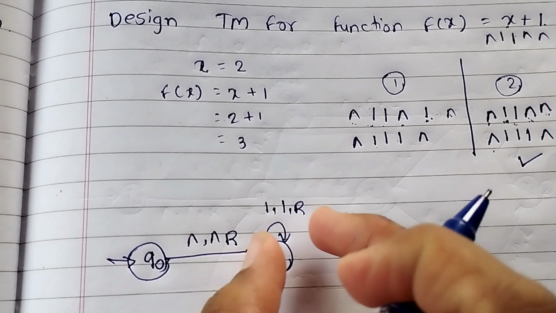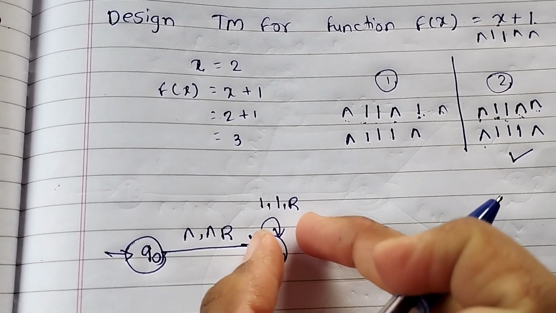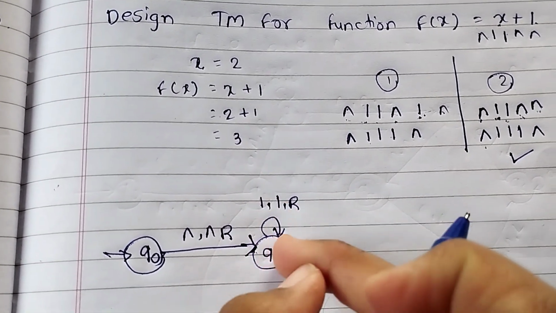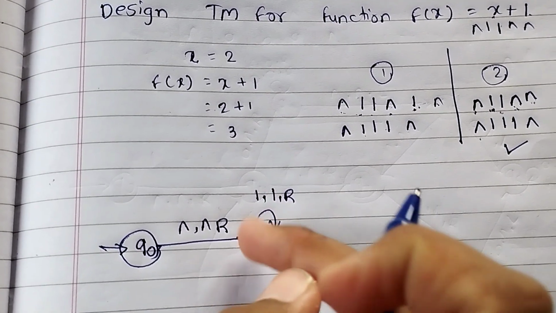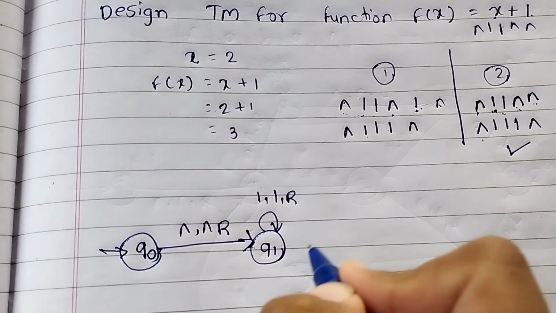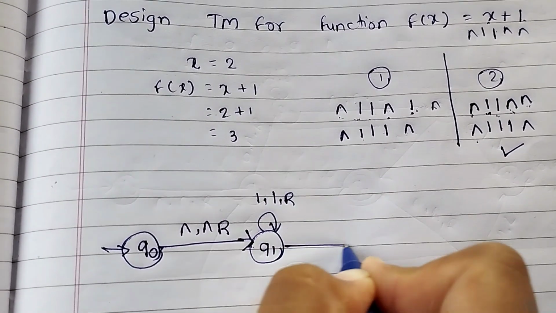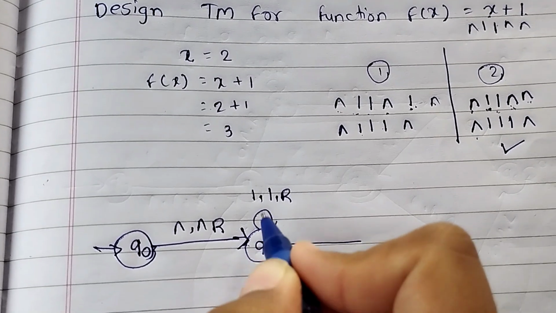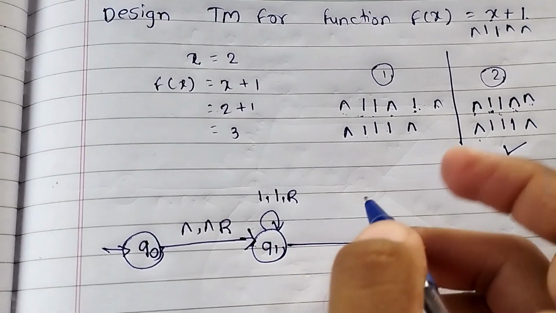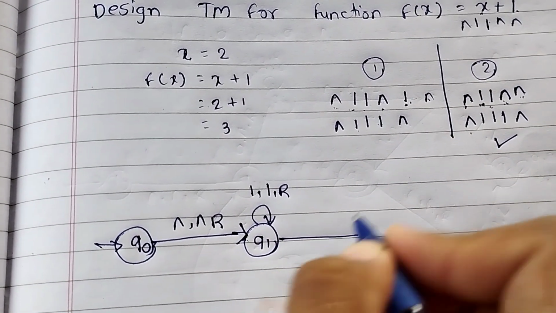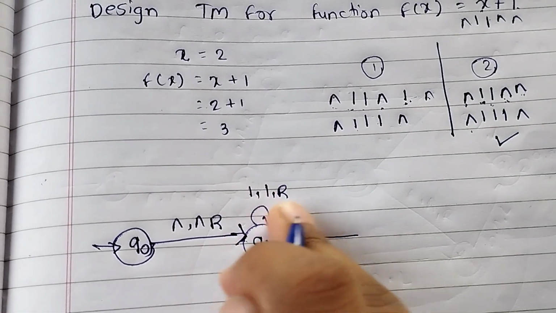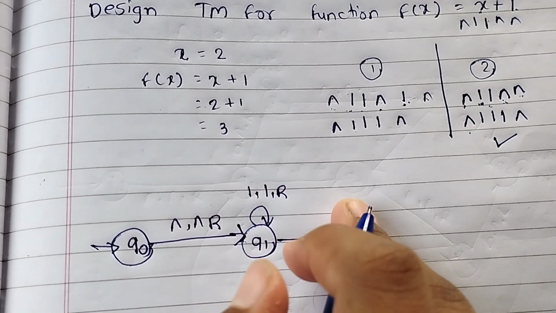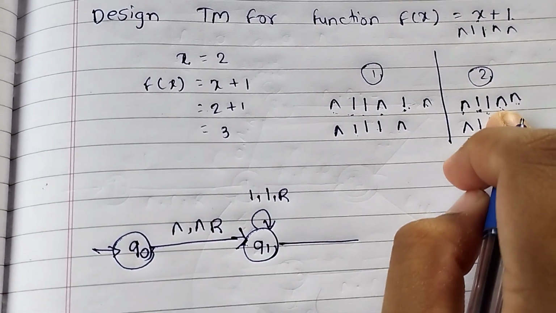So here, in this case our x is 2, so simply 2 times this, travel in the loop. So this Q1 forms the cycle of ones. Now next, in this way we travel to the right side and cover all the ones, and then we read the null value.